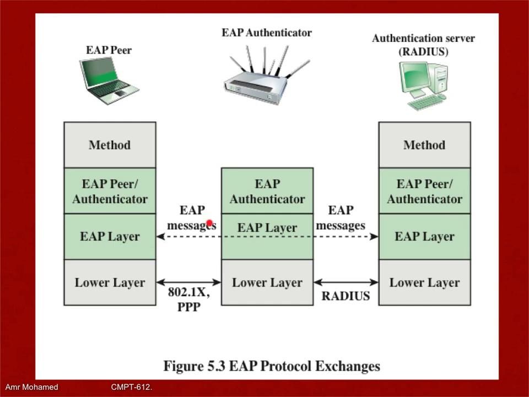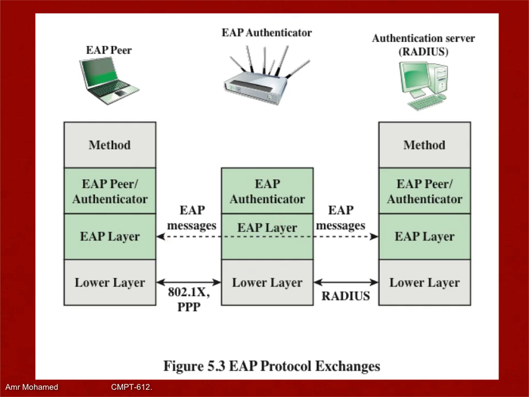As you can see here, these EAP messages are just the transport layer interface, and they provide end-to-end transport service from the device all the way to the authentication server, all the way to the RADIUS server. These messages go through the authenticator.